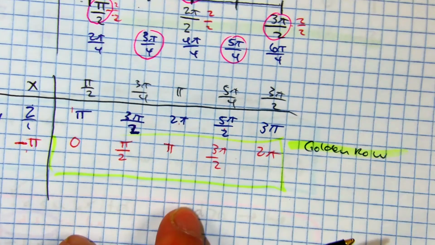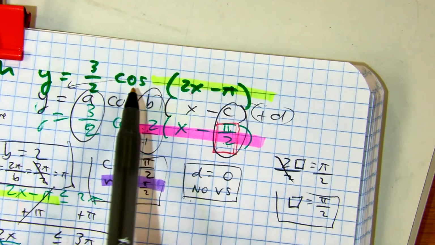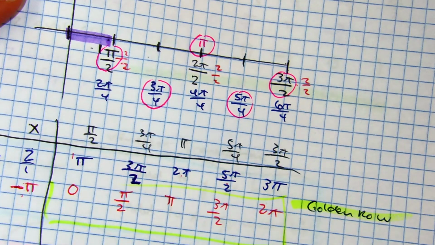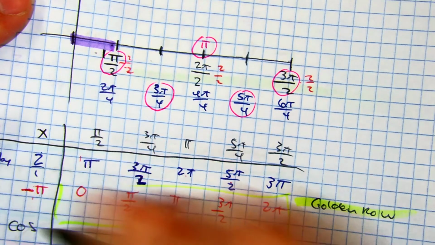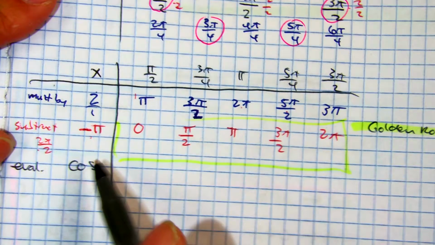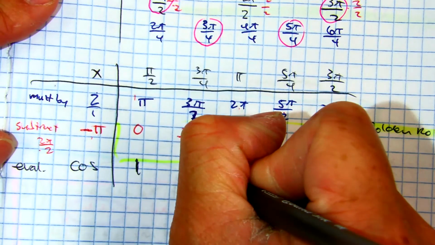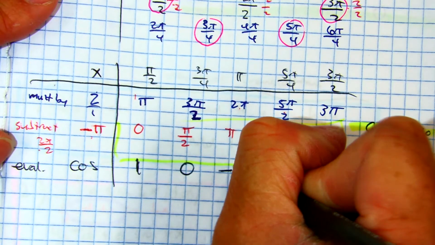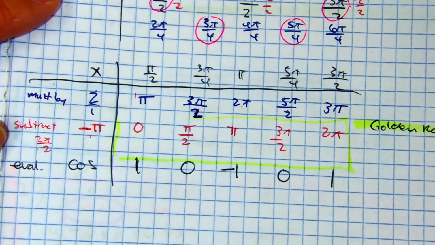Okay. So we got x multiplied by 2, subtract, and now we do what? We're going to evaluate cosine. Let's write that. Evaluate cosine. Cosine at 0? Pi over 2? Some of you guys have already memorized that.